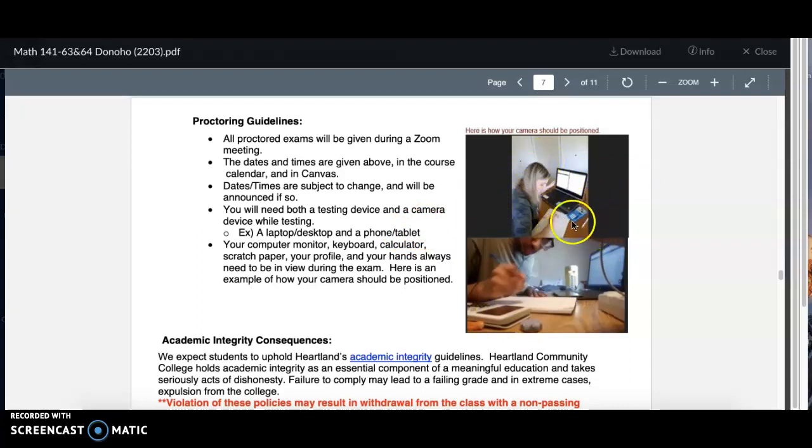So your camera should be giving me a view of you, your computer screen, your calculator, your paper that you've got out here. I need to be able to see all of that. This works too. I can see the student, what's on their screen, their paper, their calculator is right here. Okay, so just seeing only your face or seeing only your computer screen is not enough. I have to know that it's you taking the exam with nothing else up on the screen.